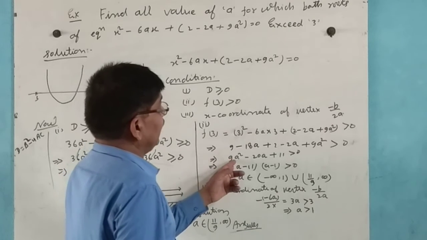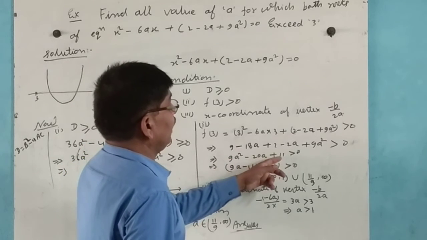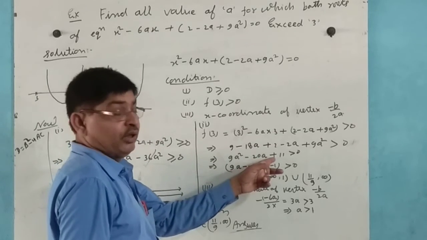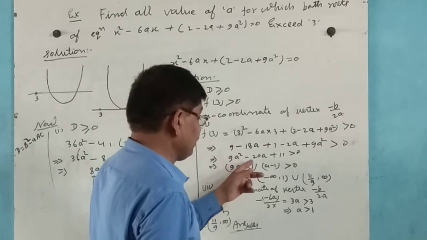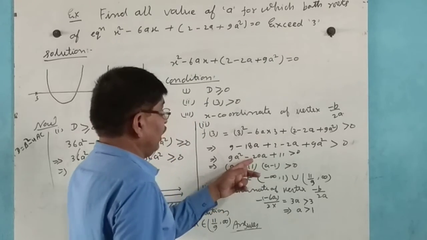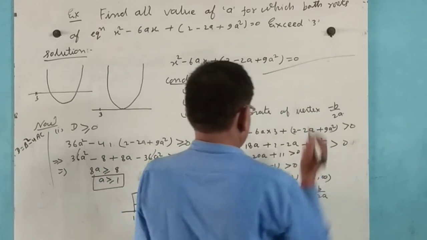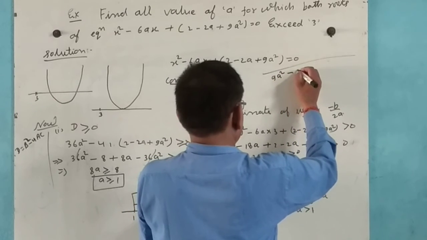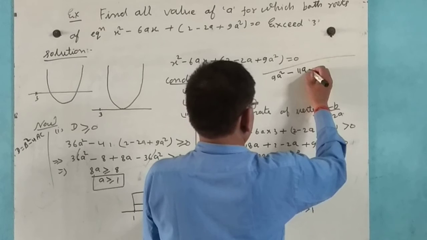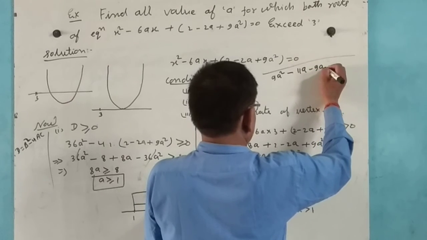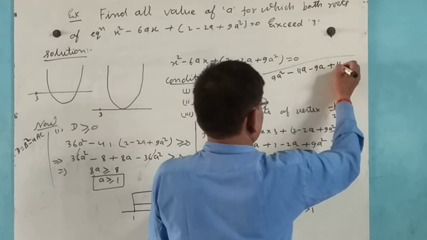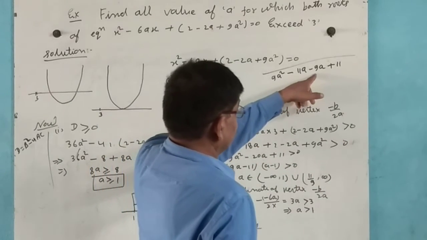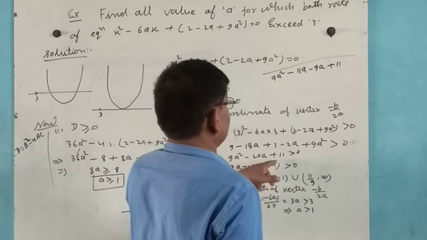Now we factorize it. 9a square, 11 times 9 is 99, 11 plus 9 equals 20, and after this, here 9a square minus 11a minus 9a plus 11. Here minus 11a minus 9a is minus 20a plus 11.